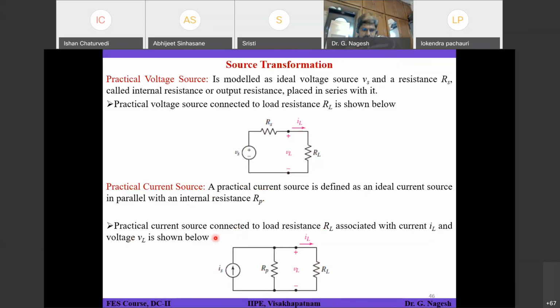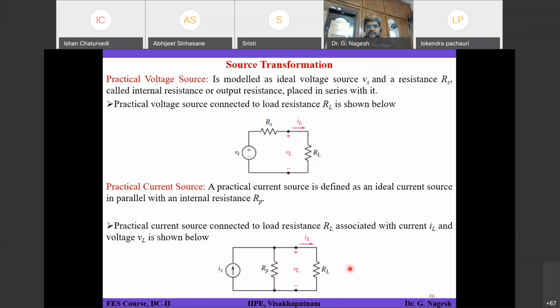This is called a practical current source: an ideal current source in parallel with its internal resistance RP. This is how you represent a practical current source, and this is how you represent a practical voltage source.